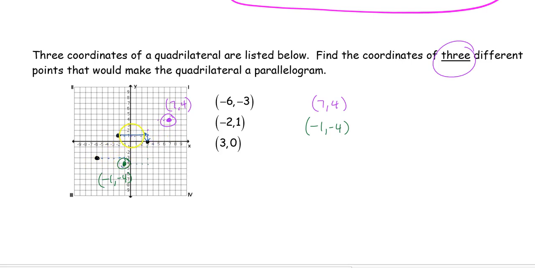So instead of going right 5, down 1, I can go left 1, 2, 3, 4, 5, and up 1 to find our last mysterious point, which is going to be at (-11, -2). Alright, and that is all for today's video on coordinate geometry.